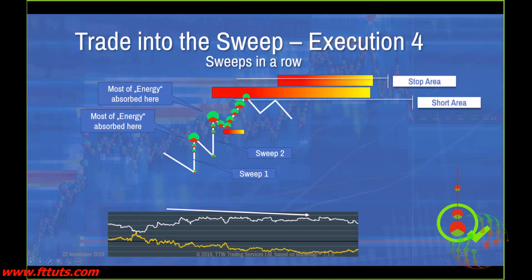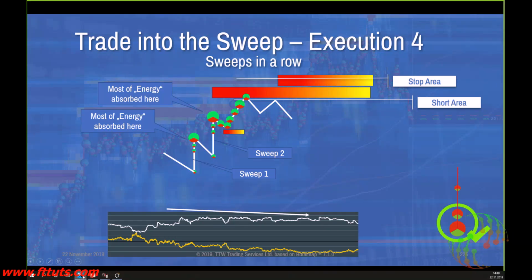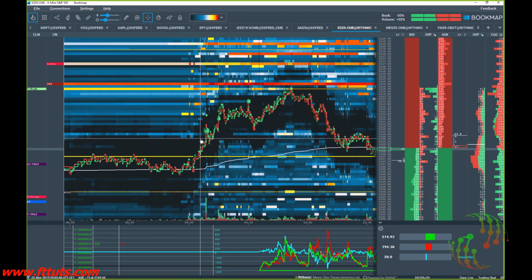A sweep happens, then normally the price is retracing because at this moment there is no more energy to push the price further up. Then retracement, and then we are looking for the liquidity. Look here. What is happening? Therefore, I would like to motivate you to go over these variations and executions because they are very common.